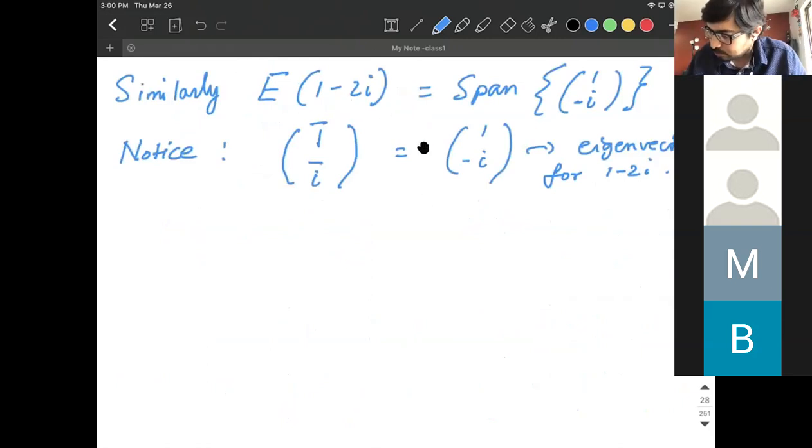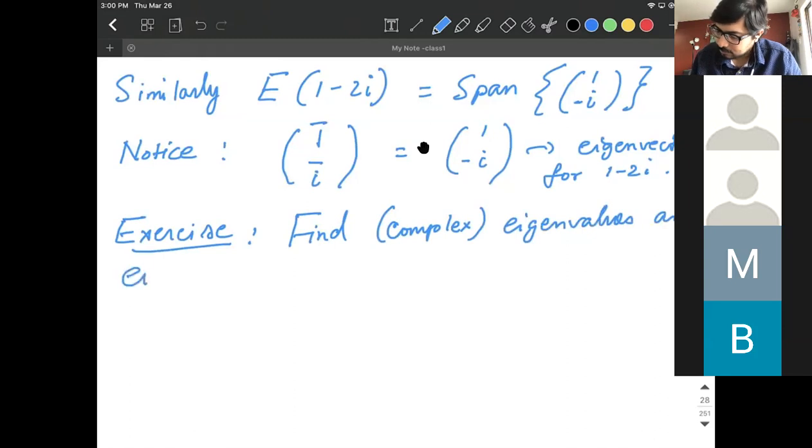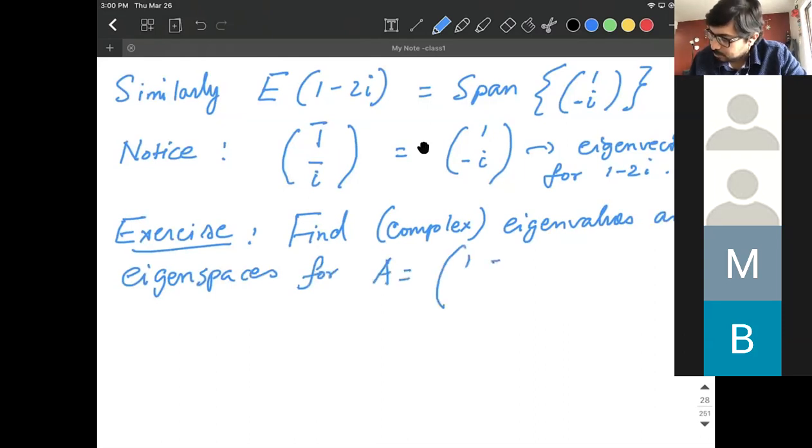Before going on, we leave an exercise. Find the complex eigenvalues and eigenspaces for this particular matrix, (1, -1; 1, 1).